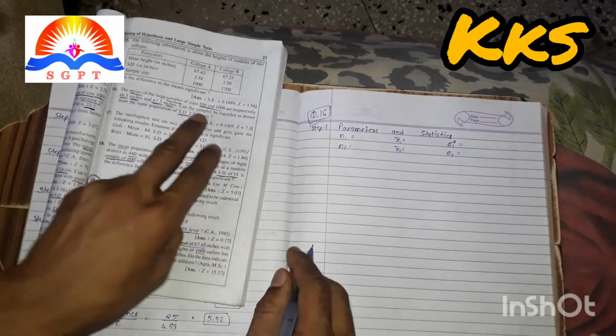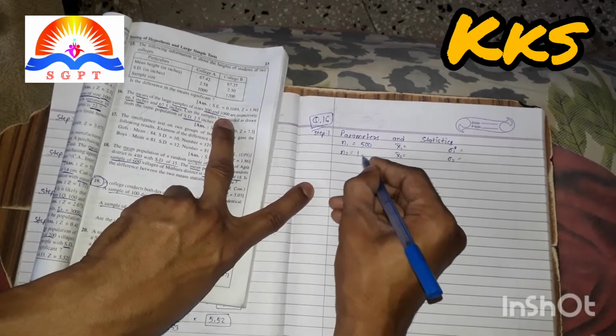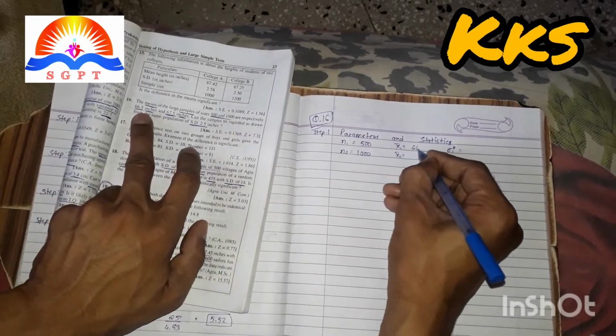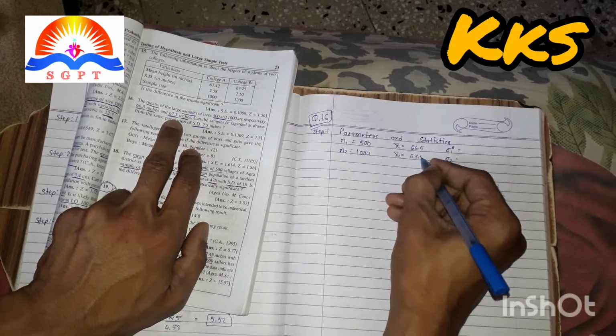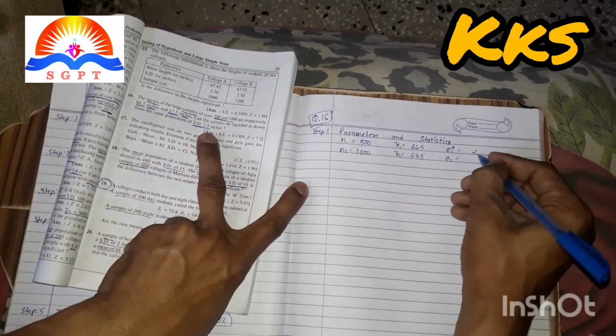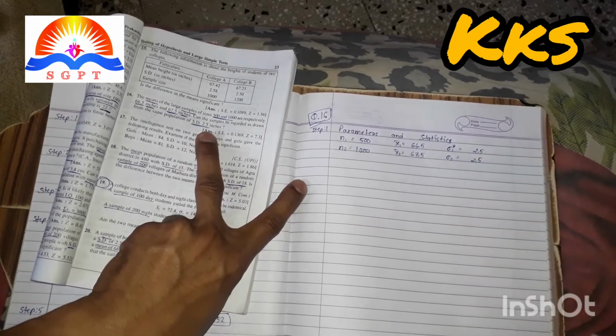So n1 and n2 are given. Small n1 is 500, small n2 is 1000, x bar 1 is 66.5 and x bar 2 is 67.5, but sigma is given only once, so we will take this for both sigma 1 and sigma 2.